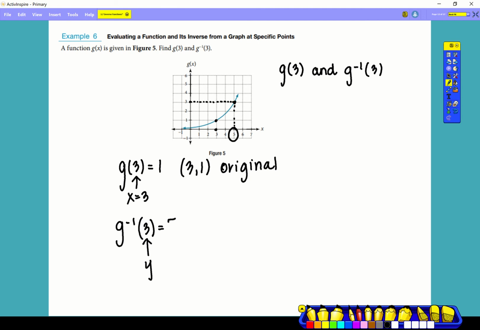So we're going to have 5. So what that tells us is we will have a (5, 3) on our original. So remember, if you needed to find the value of an inverse function from the graph of the original, what is on the inside is now a y value. So you use that y value to find your x value.